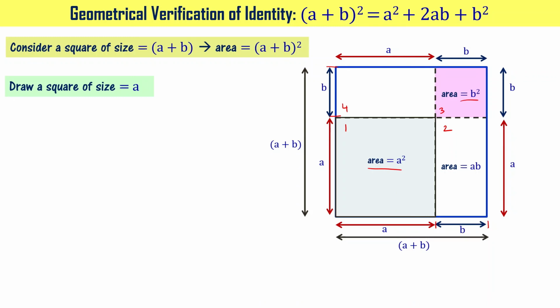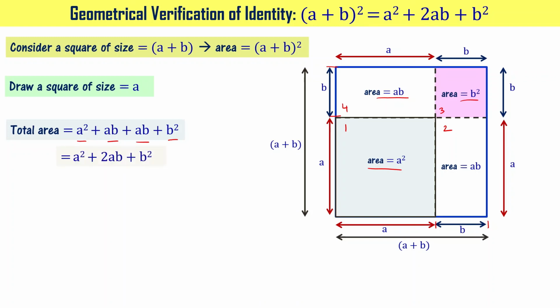Because a is length and b is width here, and in this particular case b is width and a is length. That's why the area of the fourth part is also equal to ab, right? Now the total area is going to be the sum of all these four areas of the subparts, right? A square plus ab plus ab plus b square, right? It can be written as a square plus 2ab plus b square.